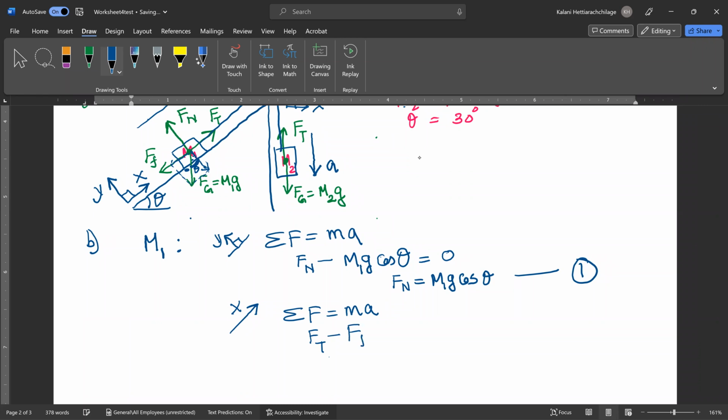And now you have the FG x component, right? That seems to be in the negative direction. That will be M1G sine of theta, and it should be equal to the mass of the object, M1, times the acceleration in the x direction.